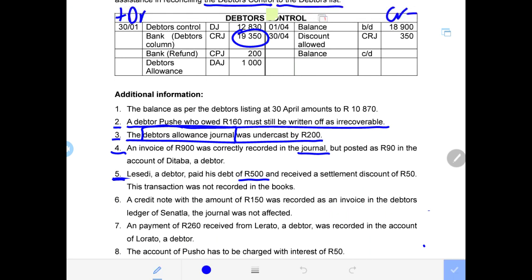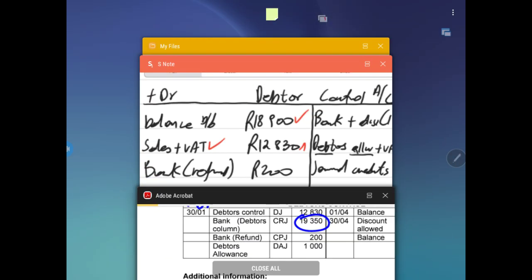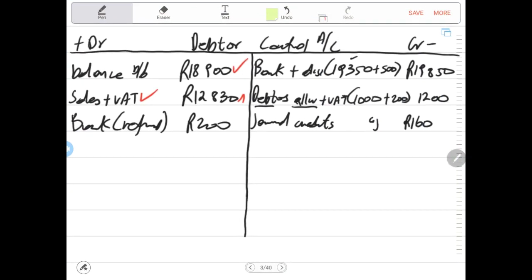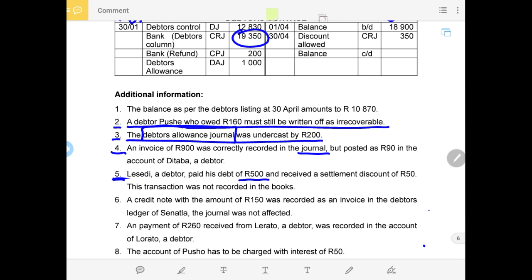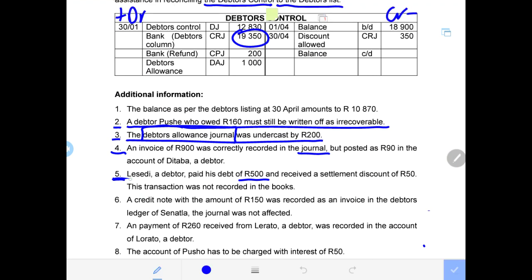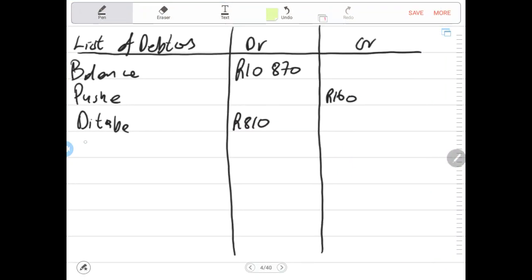Therefore we have recorded this in the debtors control, which would have come from the debtors journal. Then we need to record under the specific account of the customer, and this customer's name is Lesedi.